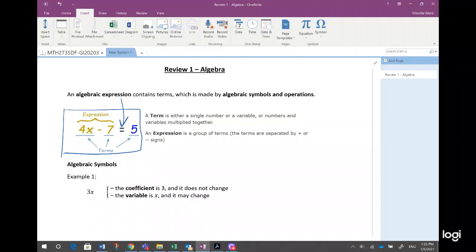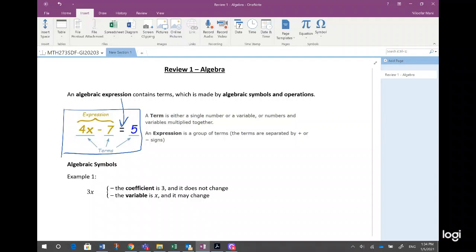So, an algebraic expression is made by several terms. Terms are separated from each other by plus and minus. Maybe you have one term like 5 on the right side. Maybe you have two terms like 4x minus 7 on the other side.